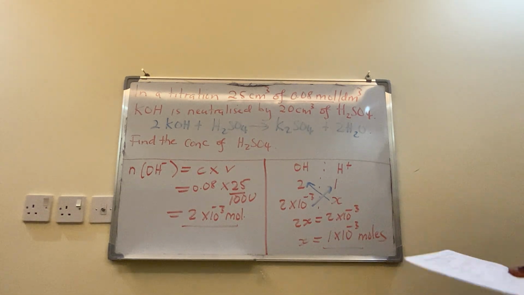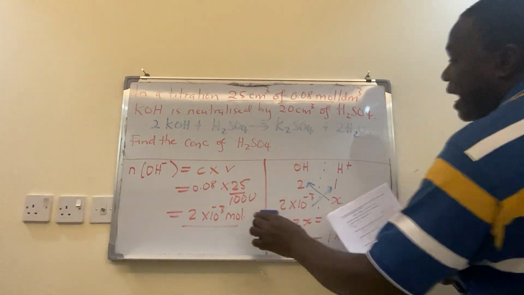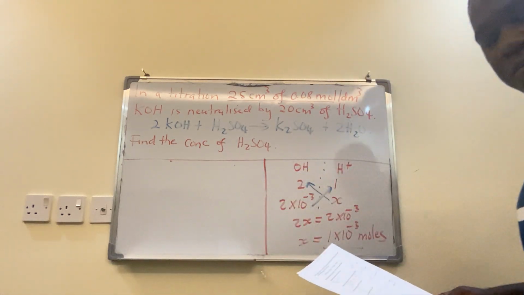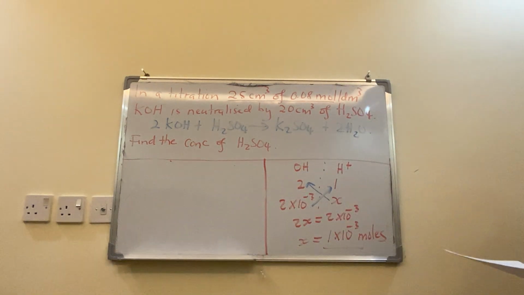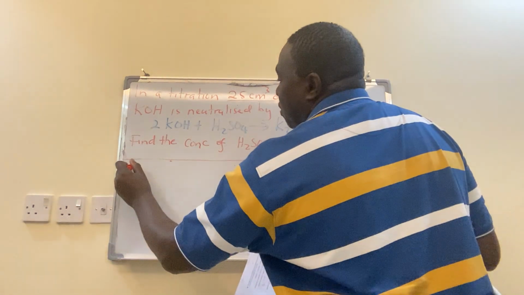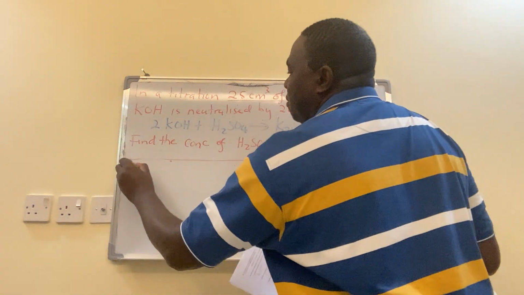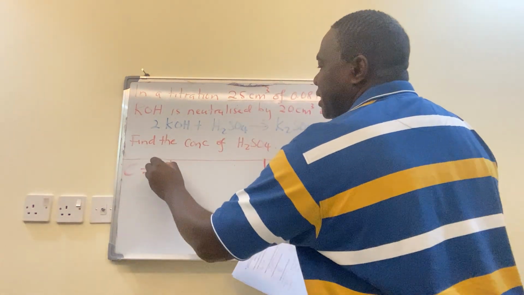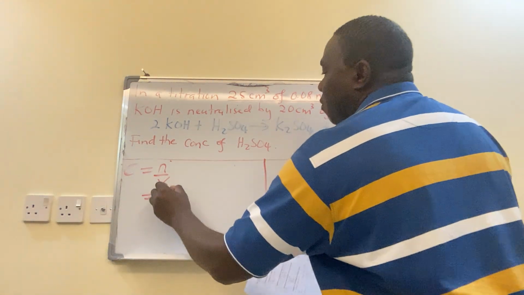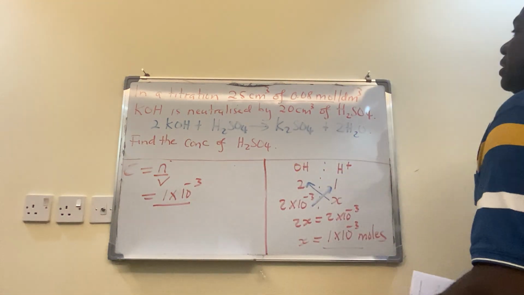Our next stage is to calculate the concentration of the acid. That's the last stage of this question. The number of moles we have calculated is 1 times 10 to the power minus 3. Concentration is number of moles over volume. So, number of moles 1 times 10 to the power minus 3, and what is our volume?